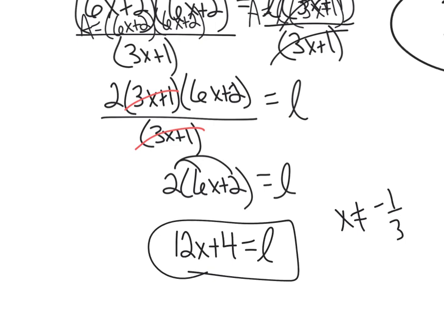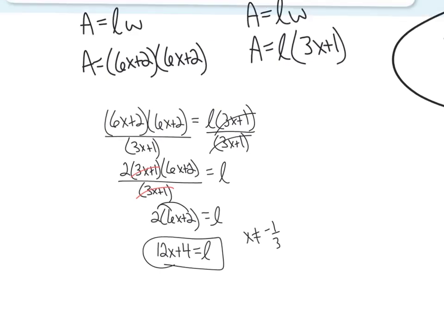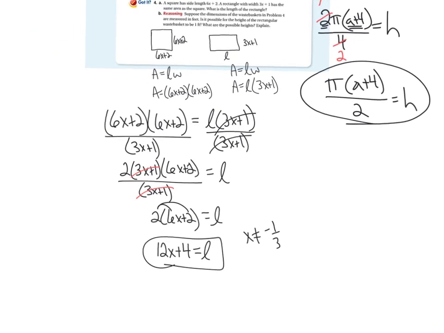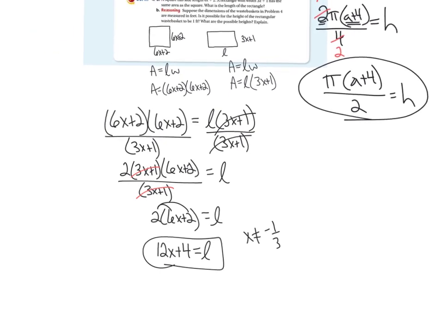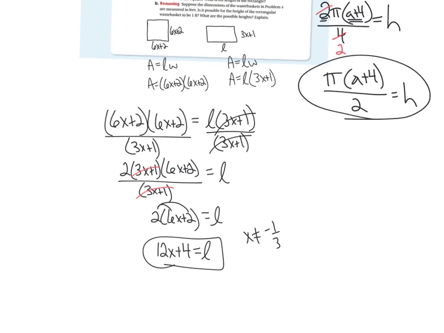Which, if you think about it, well, it would actually work. X could have been negative 1/3, and potentially it could have worked otherwise. No. X can't equal negative 1/3 because that would have made the 3x plus 1 equal to 0.